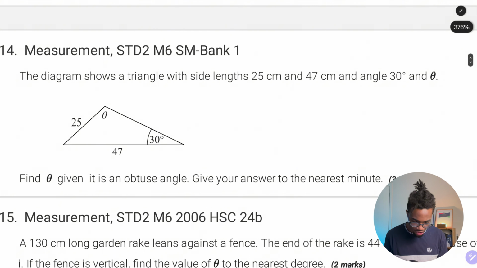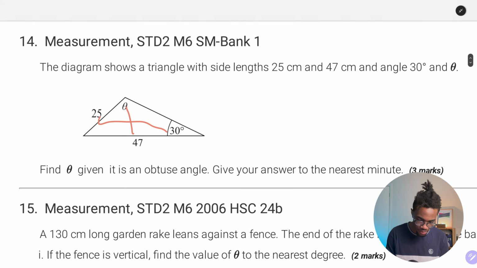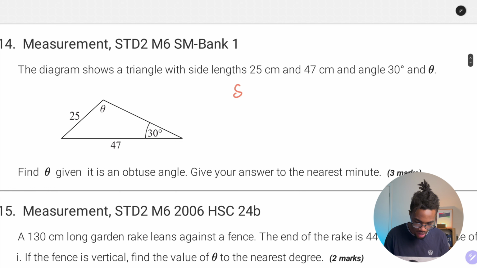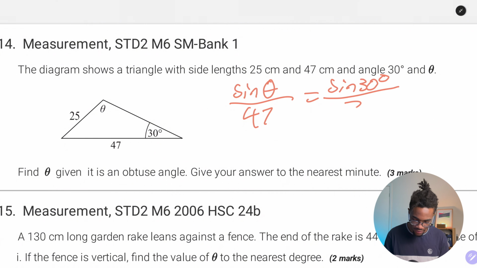The diagram shows a triangle with side lengths given. Find theta given it is an obtuse angle. Give your answer to the nearest minute. Again, I'm just going to recognize that this is sine rule, because these are opposites. So sine theta over 47 is equal to sine 30 degrees over 25.